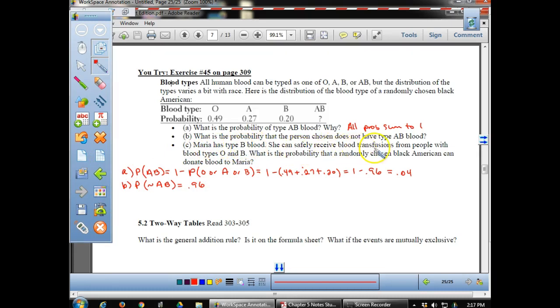And then C says Maria has type B. She can safely receive blood transfusions from people with blood types O and B. So O and B, so these two. So what is the probability that a randomly chosen Black American can donate blood to Maria?